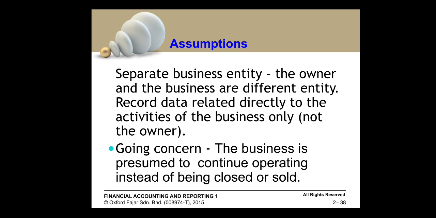So the effect of this assumption is when you assume that the business will continue to operate or exist in the future, you can categorize your asset into current asset and non-current asset. Liabilities can be categorized into current liabilities and long-term liabilities. That categories can be made because you assume the business will continue to exist in the future. Okay.